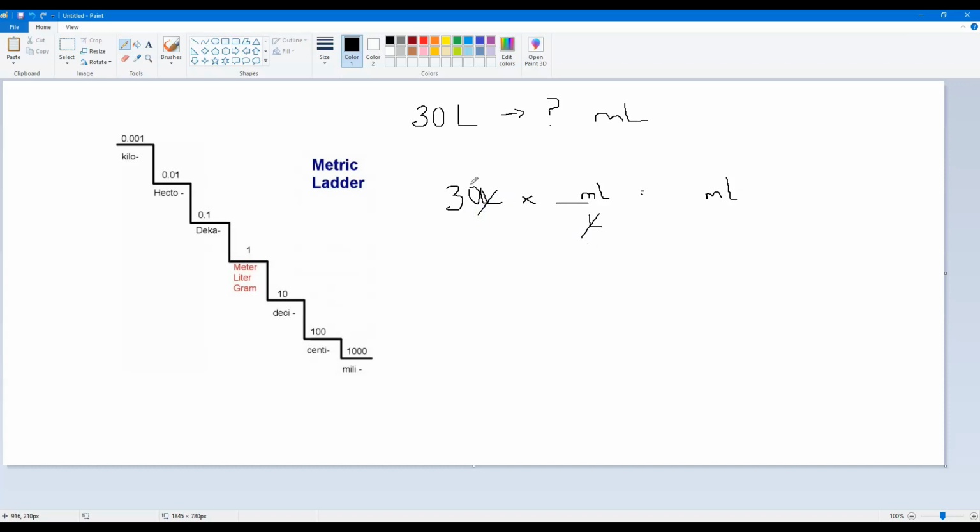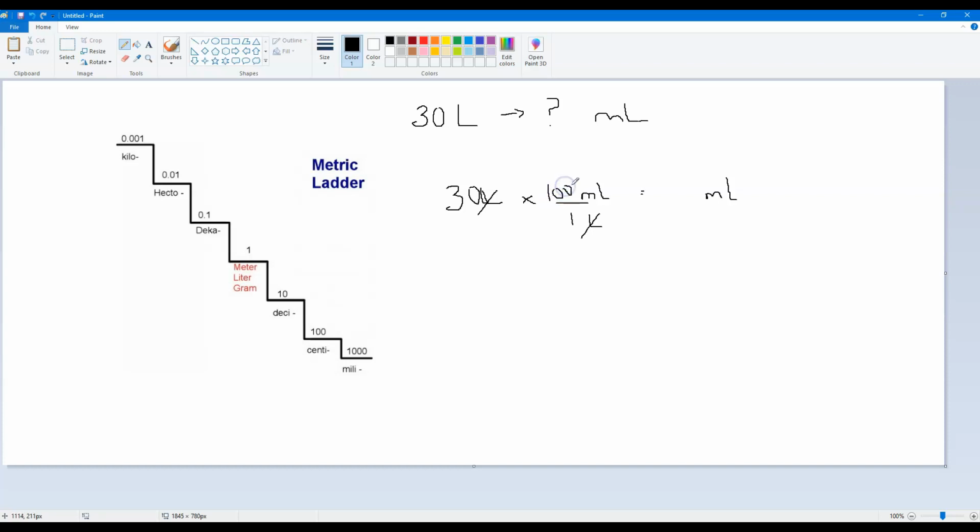Now, to figure out your conversion factor, we use 1 for our liter, and for milliliters, we look down and see that there's 1,000 milli for every 1 liter. So we put 1,000 up here.